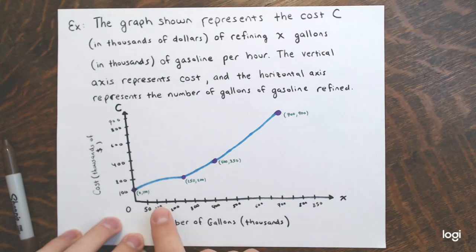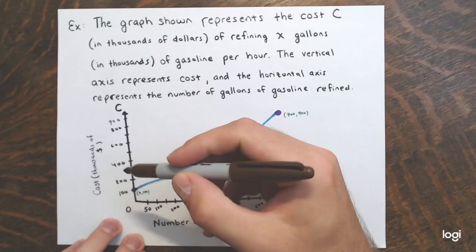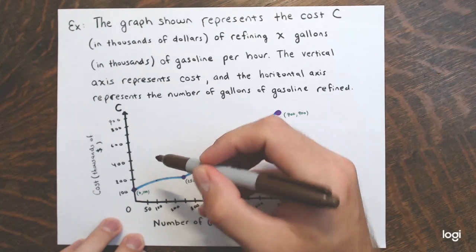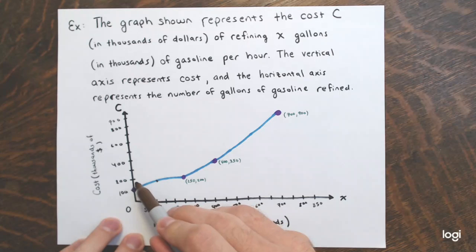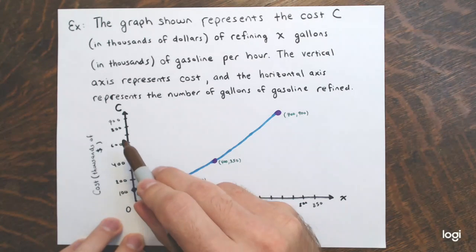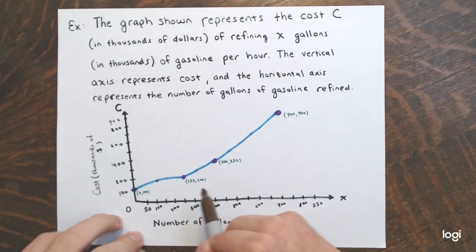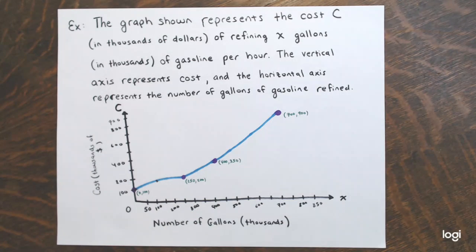Well, I go to the 100, I go up, where does that correspond to on the graph? Looks like around this point right here, a little dot there. And that looks like a little under $200,000. Remember, every number over here represented $1,000. And you could be asked questions like that too.